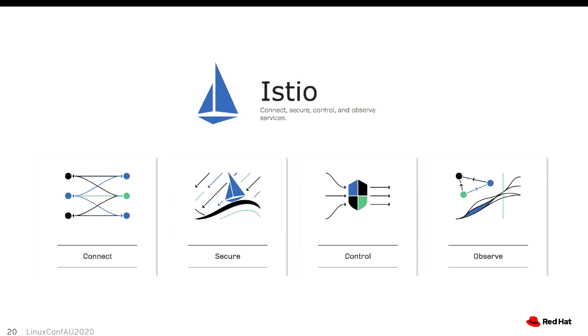So if you go to the next slide, you see the individual components in Istio, which will basically help you do the connect, secure, control, and observe. Okay? So these are the 4 things which Istio does currently. Starting with the connectivity between or among the services. How do you secure in the way that, okay, microservice A should be connecting to microservice C in a secure fashion, maybe using mutual TLS.